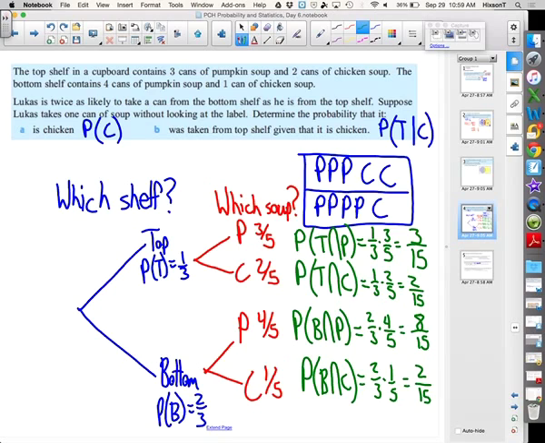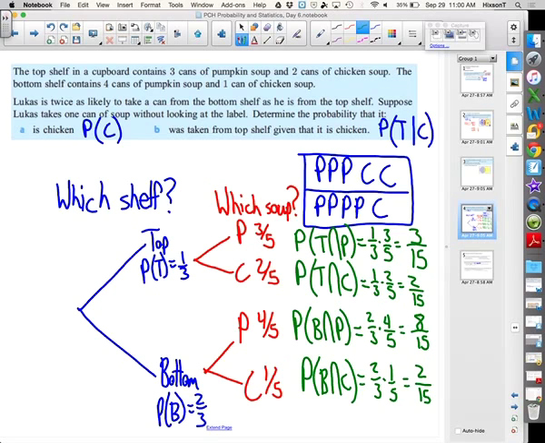Right. Now pay attention to what should add up to 1 here. Okay? Each of these decisions, your probabilities ought to add up to 1. 1/3 and 2/3, 3/5 and 2/5, 4/5 and 1/5. Okay? Each of those pairs ought to add up to 1. When you do the combined probabilities at the end, all 4 of them ought to add up to 1.